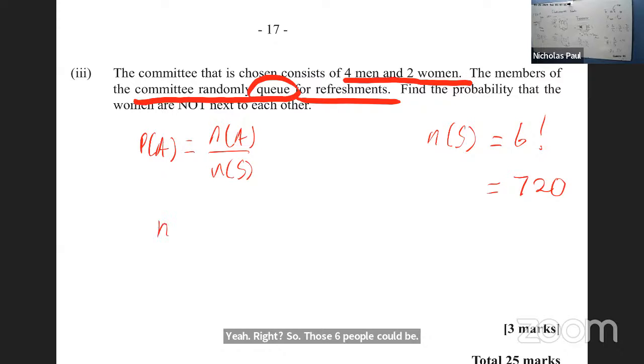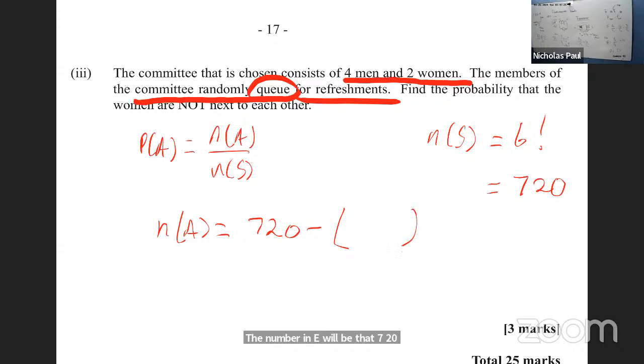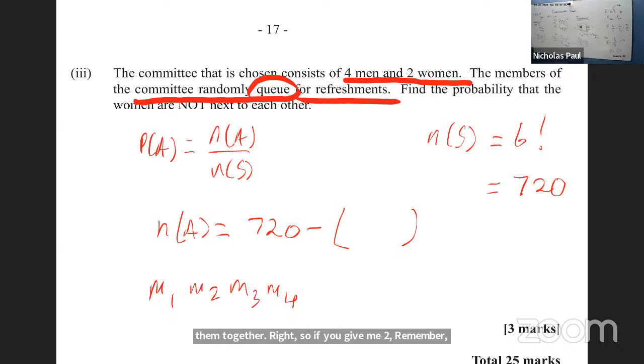And then the number in A will be that 720 minus the arrangements when you keep them together. If you keep the 2 women together, remember each person is different. They are not identical men. Each one of the men is different.